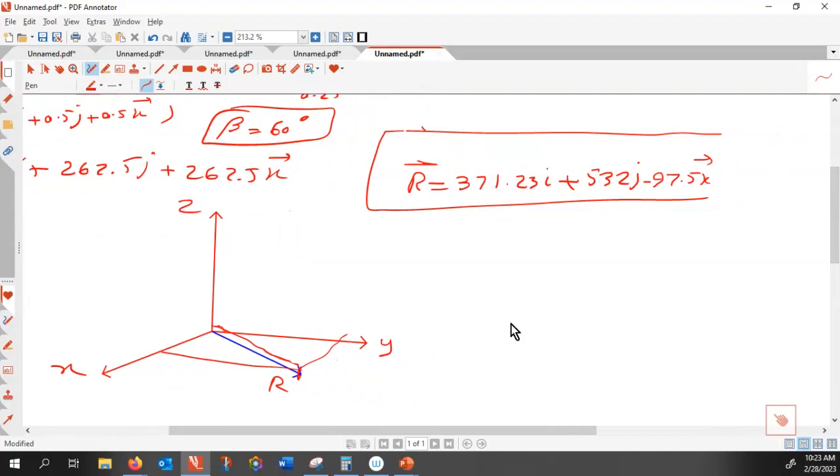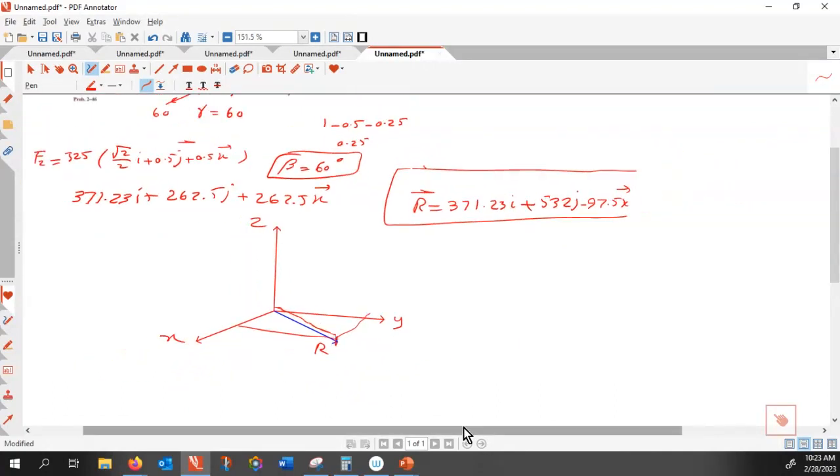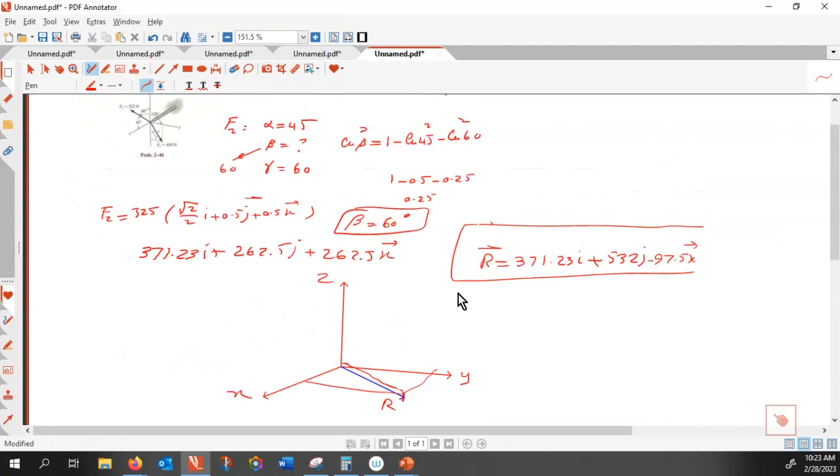All right, so in summary, what we did today, we introduced the second method of combining the vectors. Yesterday, if there are only two vectors, we can simply use the triangle or parallelogram to add them.